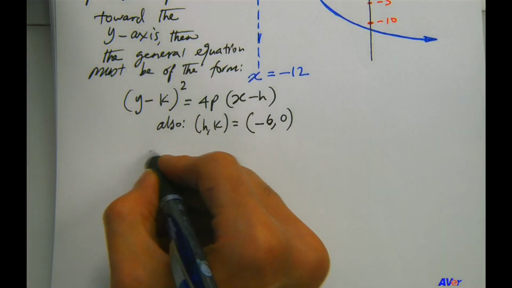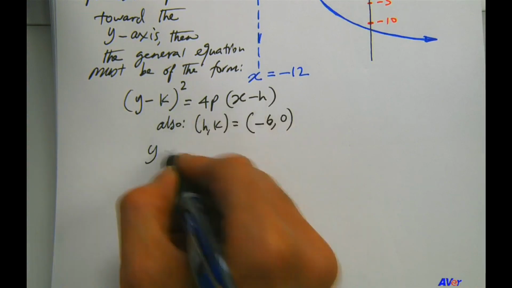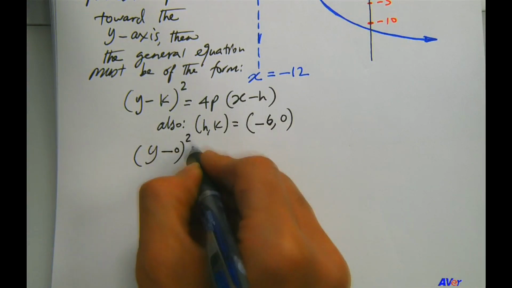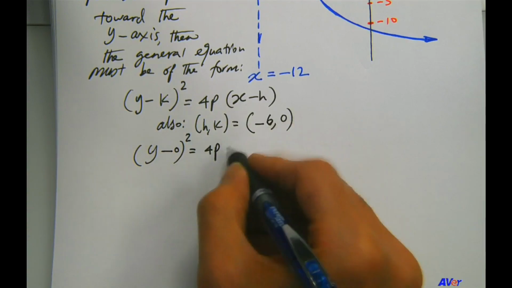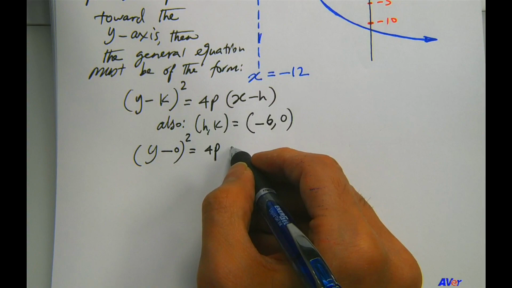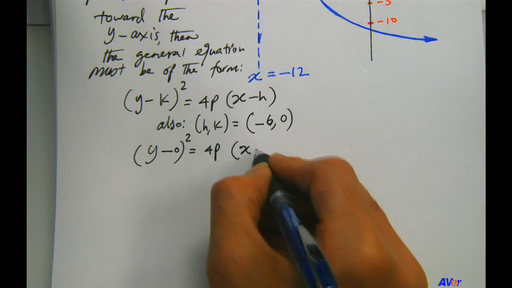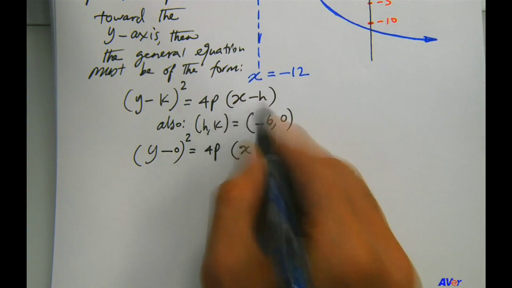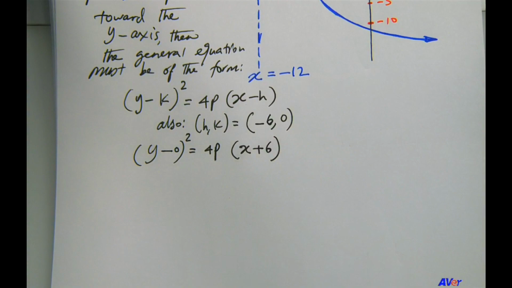So we have then y minus 0, k is 0, squared equals 4p times x minus h. H is minus 6, so plus 6.